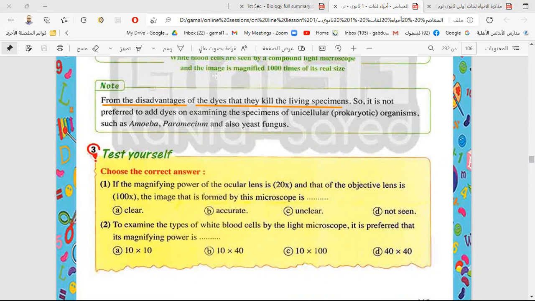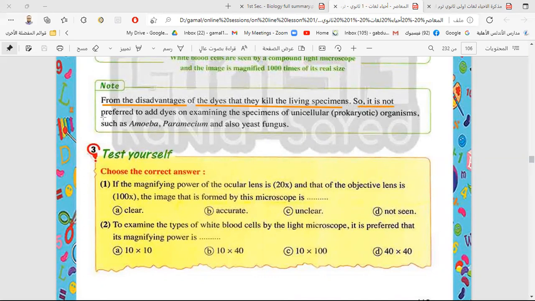You know, when we use the light microscope, you can add a dye or a color or an ink to the sample or to the specimen to color it and to watch it clearly. We can add a drop of ink or a drop of dye to color the specimen which we study. And this is from the disadvantages of the microscope.